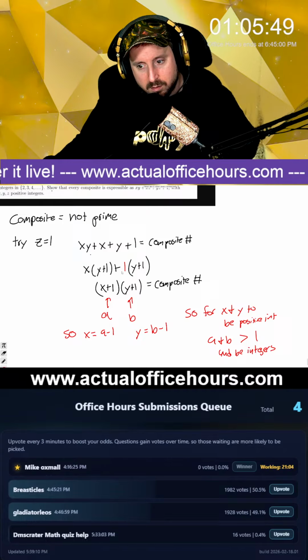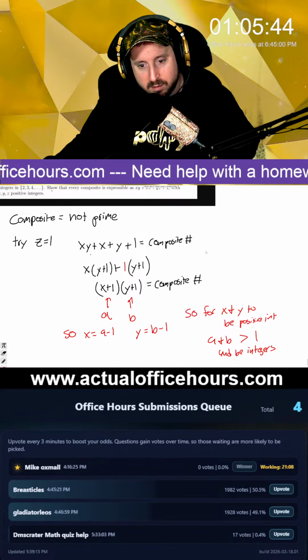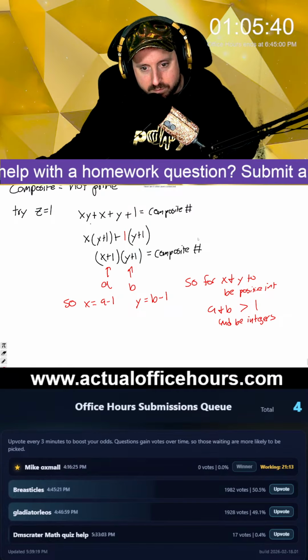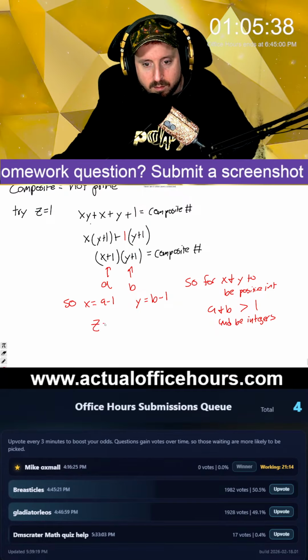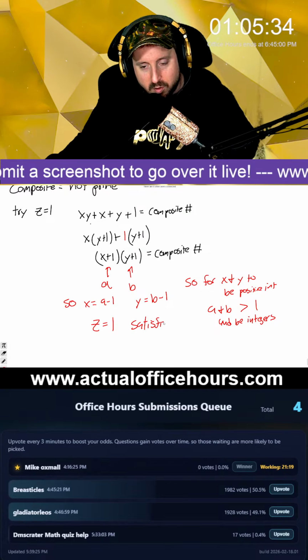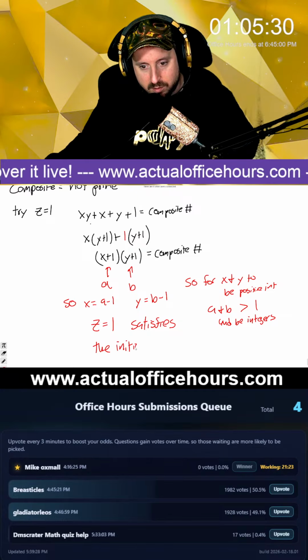And this is basically the conclusion. We have found that x equals a minus 1, y equals b minus 1, and z equals 1 satisfies our initial conditions.